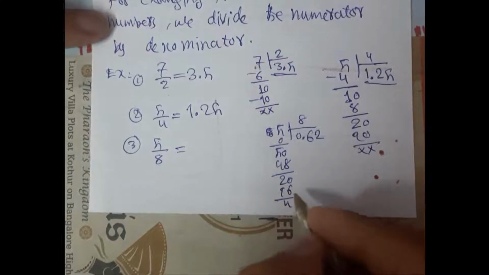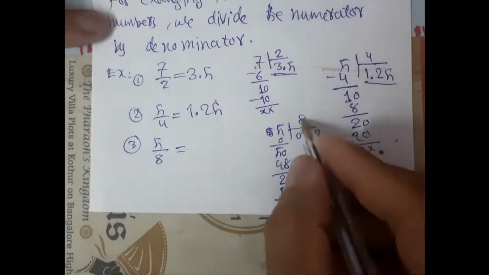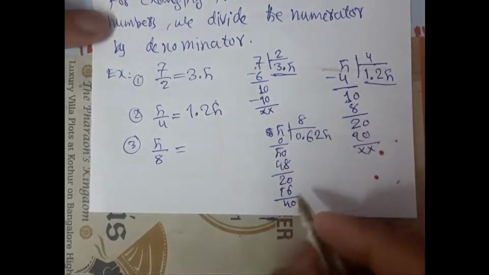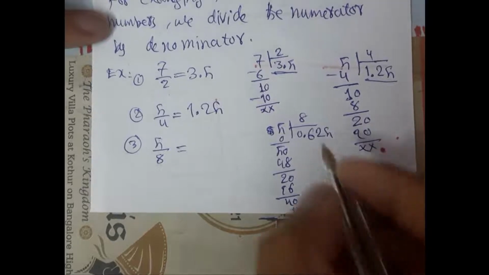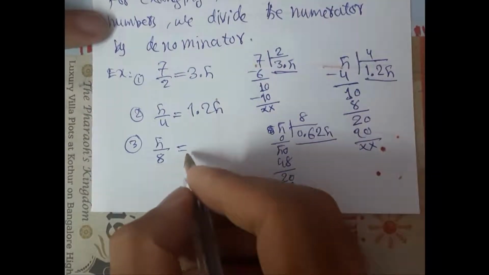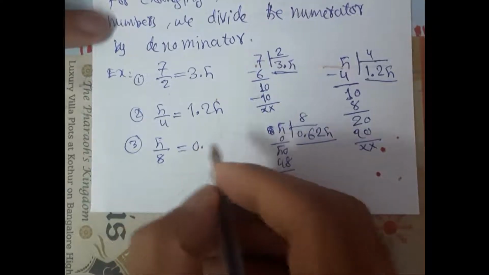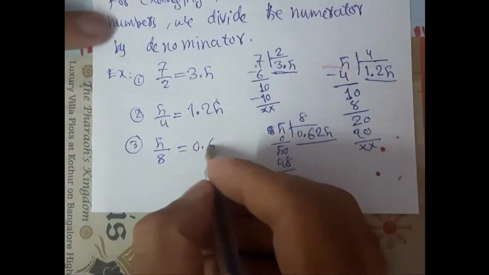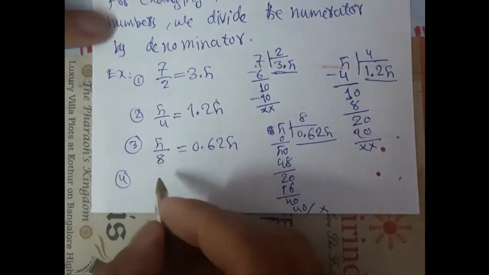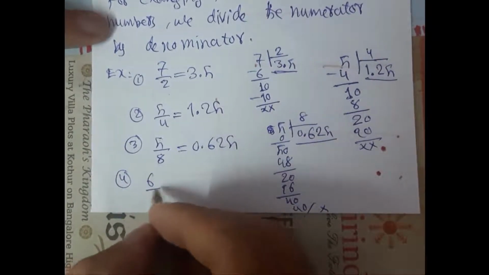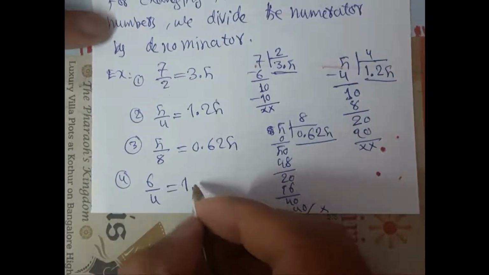We have 4, we have 40 divided by 8, 5. 5 multiplied by 8, 40. Actually, 0.625 is the answer. Number 4, you should do this by yourself. The answer is 1.5.